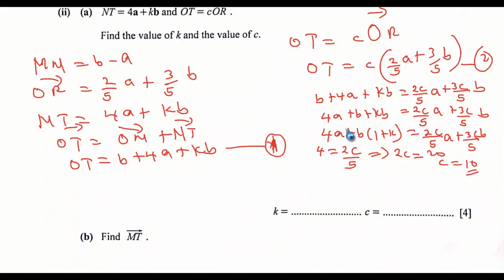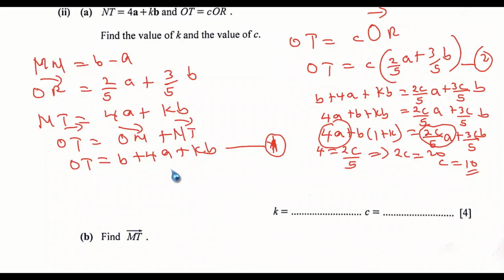Also, I just compared this and this here. We can also compare b into (1 + k) and 3c/5 into b. I should have written this as (1 + k) into b, the b should be here, but it's still okay.